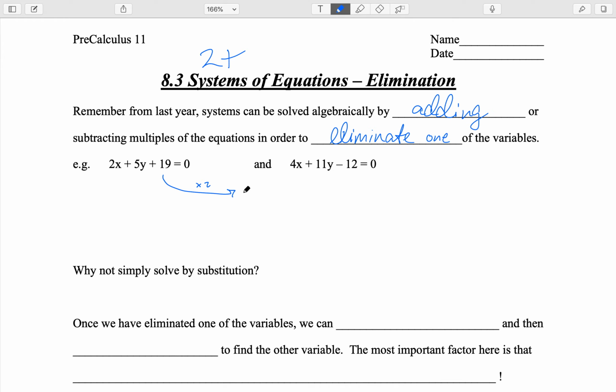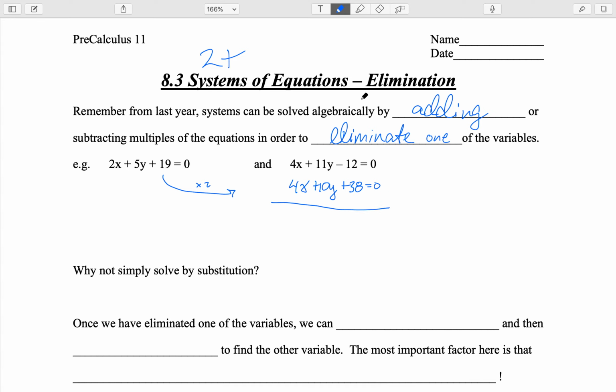It's the same, so I've equated the coefficients. I'm going to double this and put it underneath: 4x plus 10y plus 19 doubled is 38, equal to 2 times 0, still 0.